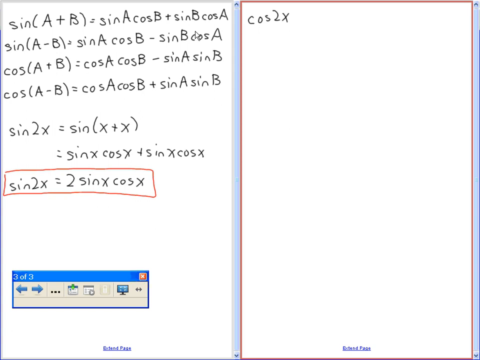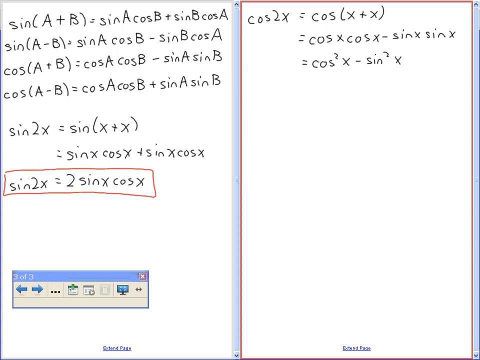So I'm going to do this as cos x plus x is equal to cos x cos x minus sine x sine x, which is equal to cos squared x minus sine squared x.